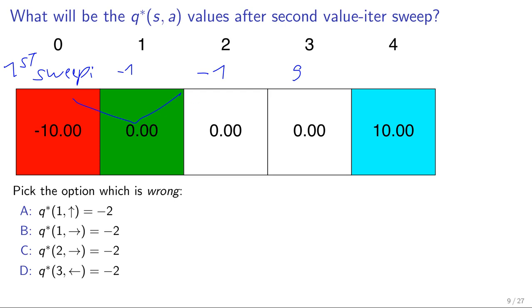You don't have to go into the recursion. Then we're interested in this one. So this is A. This is B. Then we're interested in this one. This is C. And then we're interested in this one. And this is D. And so which of them is not -2?